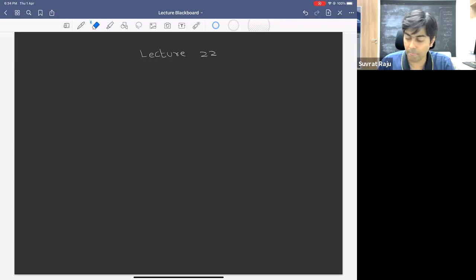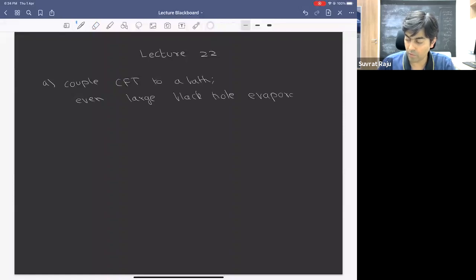So in particular, the question was, we could take the CFT and couple it to a bath. Okay, so if we do that, even a large black hole will evaporate. And we expect to see a Page curve.